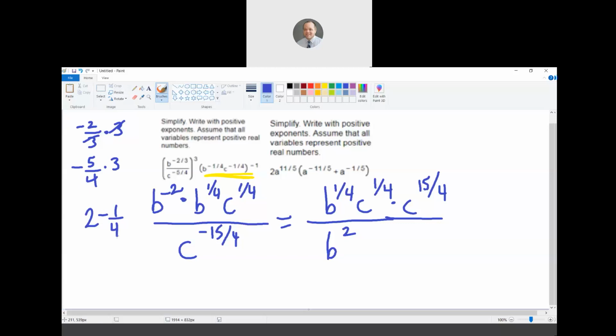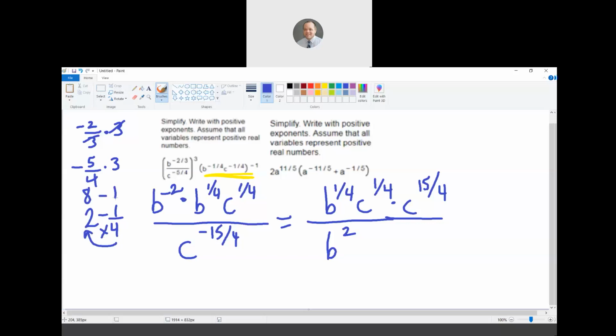Now, I'm going to show you a very neat trick here that always works. 2 minus 1/4, that looks like a mixed number. Well, we can change it to an improper fraction. So 2 times 4 gives us 8.